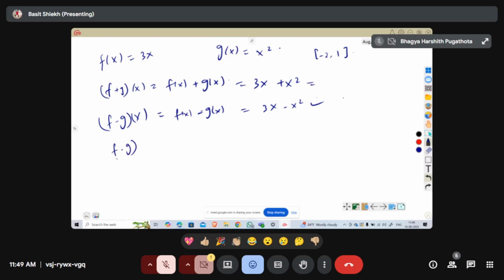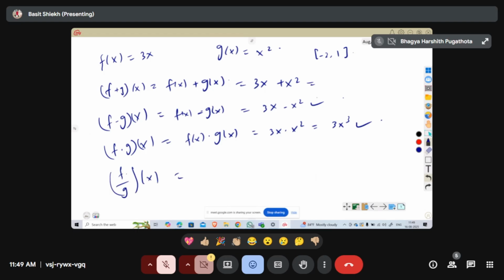f into g of x is nothing but f of x into g of x, 3x into x square. Now about f divided by g of x.